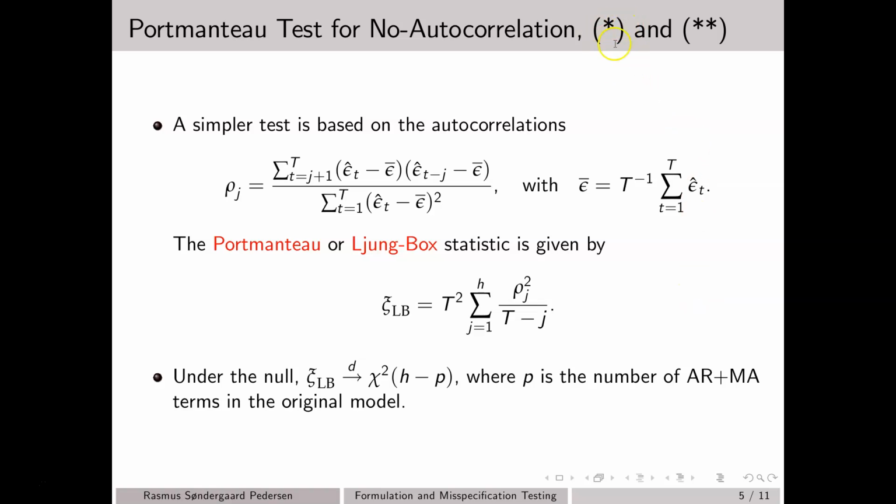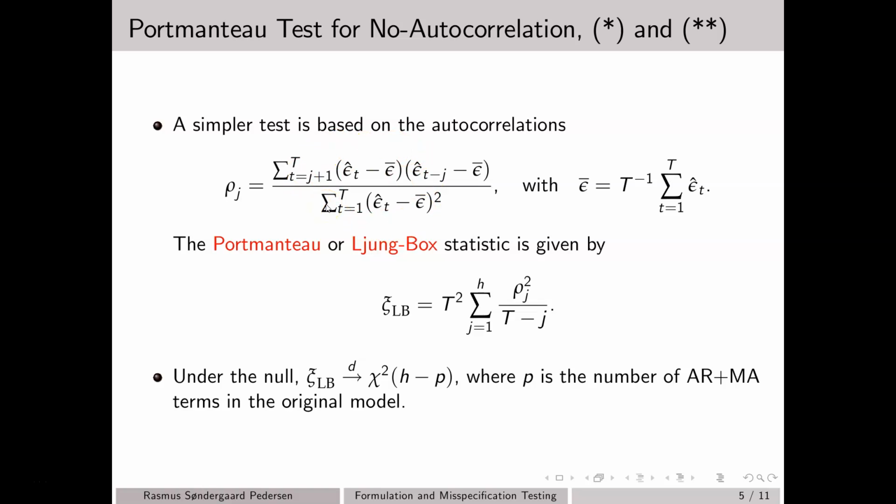For both of the models, the linear regression model and the ARMA type models, we can, as an alternative to the Lagrange multiplier test, carry out a so-called portmanteau test. The main idea is that we have the estimated residuals, and then we can compute their empirical autocorrelation function.